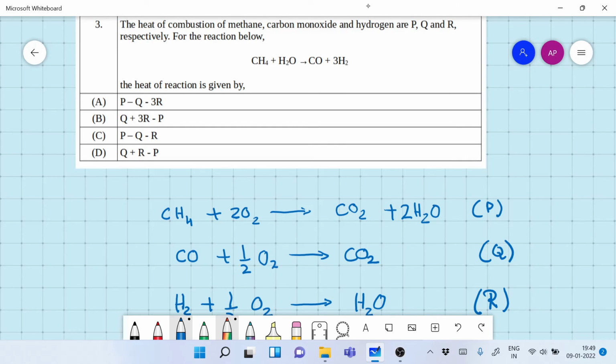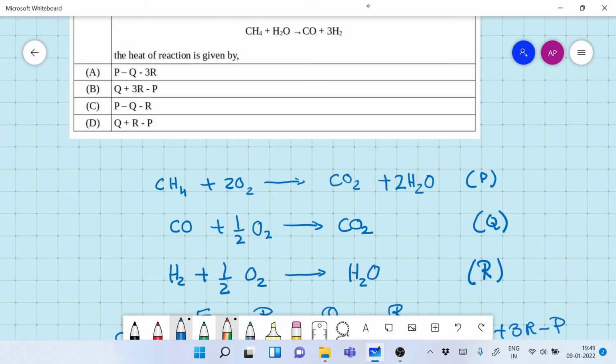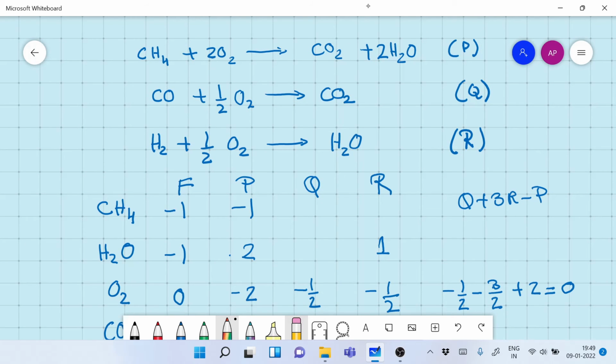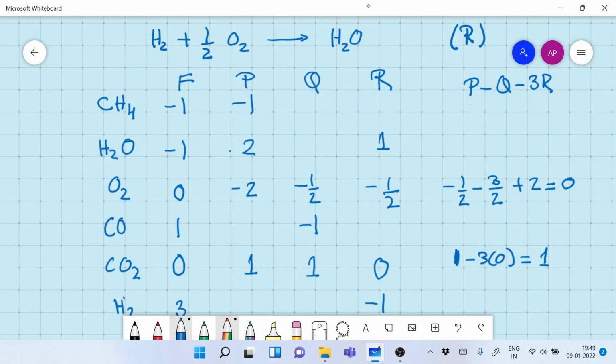Now let's check alternative A, P minus Q minus 3R. So we take P minus Q minus 3R, and apply this on the stoichiometric coefficients of oxygen. And what do we get? Here we get P, minus 2, Q, minus half, that makes it plus 3 by 2.